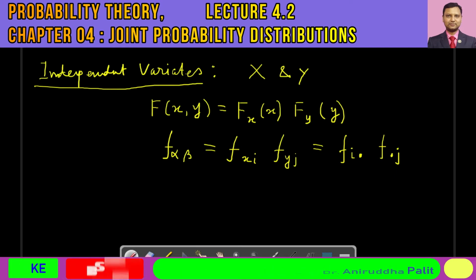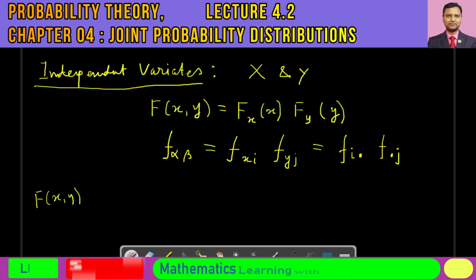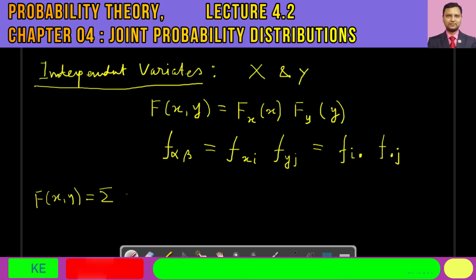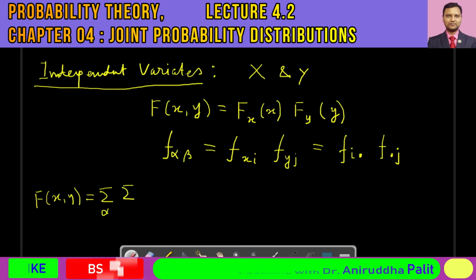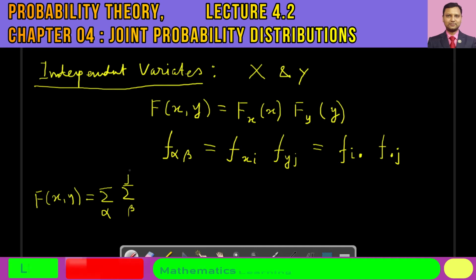Summation over alpha and beta. So what is capital F of x, y? Capital F of x, y is actually the double summation. Let me simply write it as summation over alpha and summation over beta. Alpha should vary from minus infinity to i, and beta should vary from minus infinity to j.